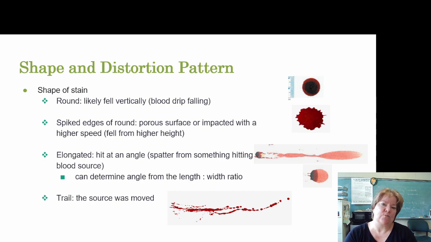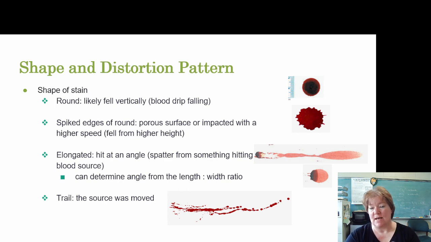When there's a sideways component to the motion, instead of falling vertically down, it's going off to the side. What we see is that when the blood hits the surface, it has some impact and some impulse, and it keeps moving and drags along. And so instead of getting a round circle, we start to get an oval.